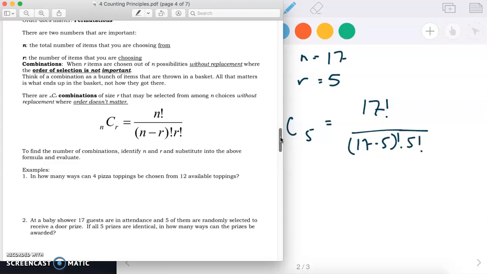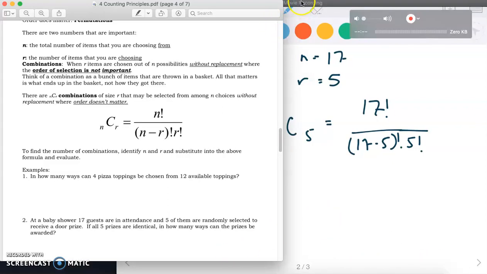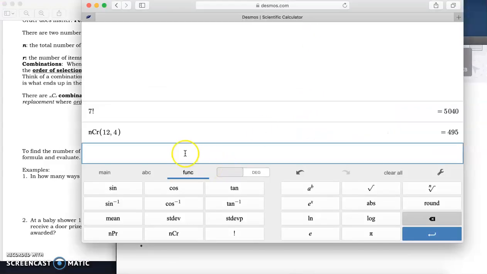So like I said, you can either do out the factorials, or you can also do the thing that we were showing on the calculator. Actually, let me go ahead and show you how to do it in the calculator again. So here we would choose the combination again and do 17 comma 5. There we go. It'd be 6,188.